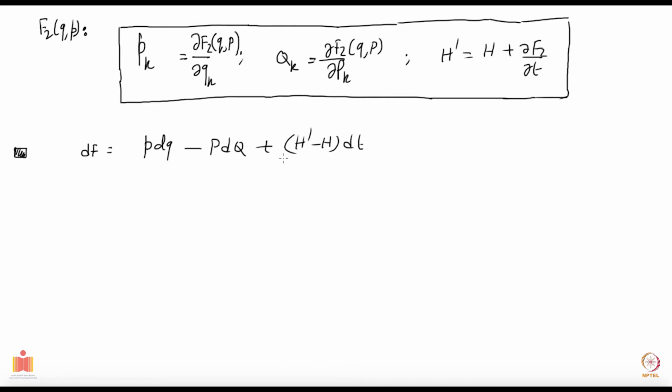This time I will look at the first term, the first differential, and write it as d of pq. So this gives d of pq equals p dq plus q dp. So I should subtract from this q dp, and then you have the remaining terms.